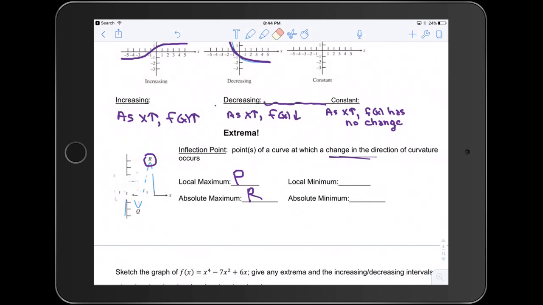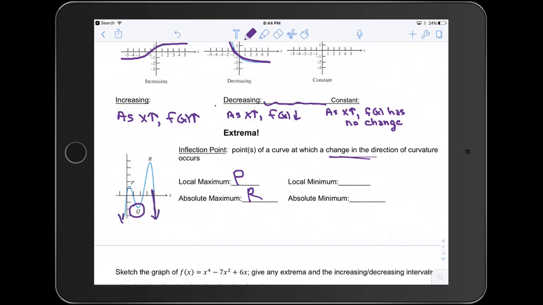So that same idea is going to happen with minimums. The local minimum, we have this small valley, so that's a local min. You don't have any other minimums, but something I do want to make sure you note is that if you look at this graph right here, this is continually going down, this one is continually going down.